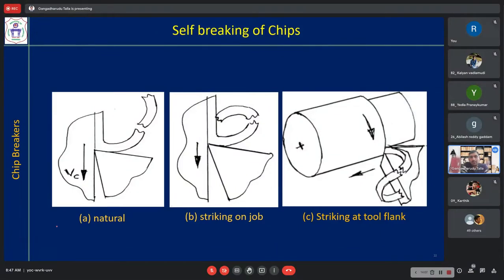Because of curling only, this self-breaking is happening. Otherwise, it will not happen. There are many reasons. One is, as we understand, that during the cutting process the chip is getting heated up. One side of the chip is in contact with the cutting tool, and the other side is subjected to natural air.